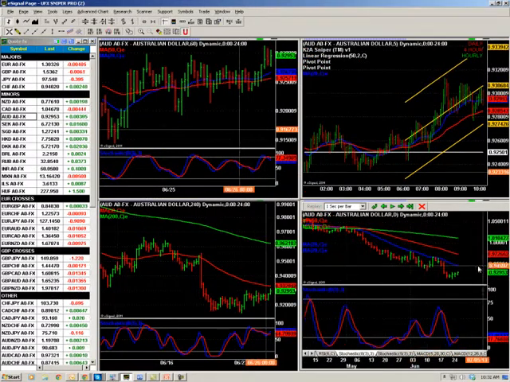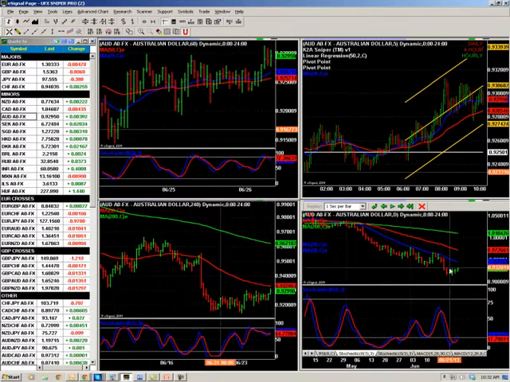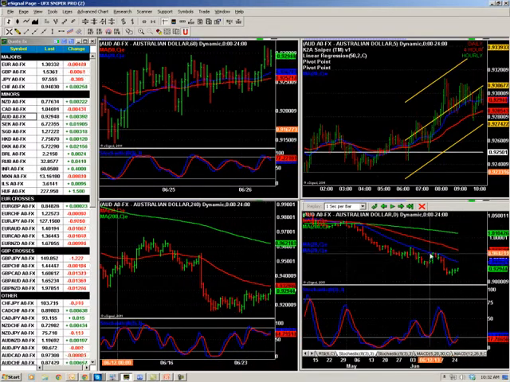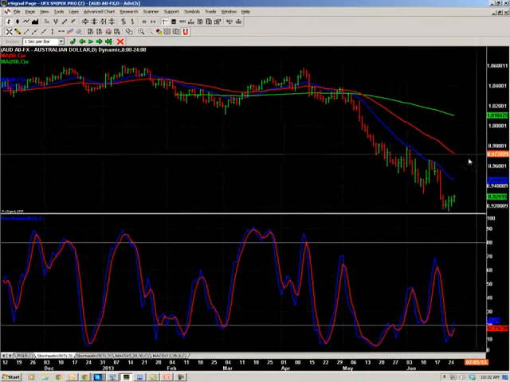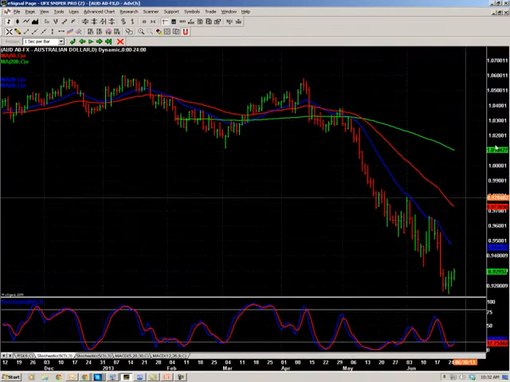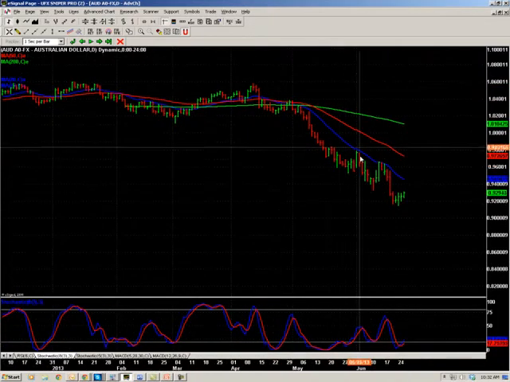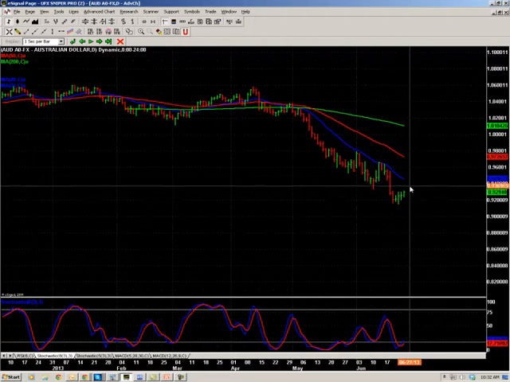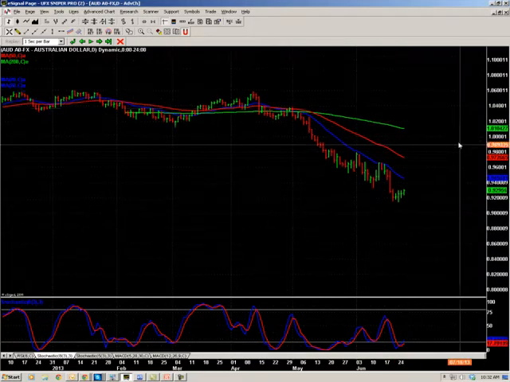Aussie's pulling back there slightly. We're still on a massive downward trend on the Aussie. So we are on a downward trend there. Looks like it will pull back a bit further and then carry on going down.